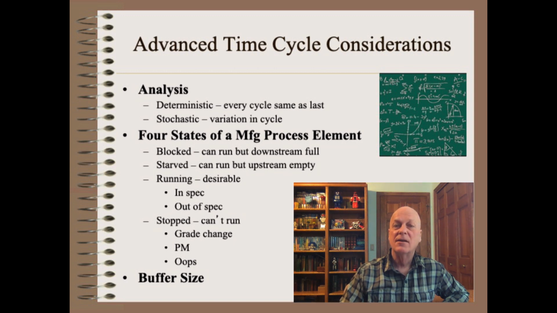Lastly, we will consider the buffer size upstream of a ReWinder. In some plants, there is no buffer. The ReWinder must run roll for roll, everything produced by manufacturing. Obviously, the slightest trouble on the ReWinder may slow or shut manufacturing. This reminds me of just-in-time or lean manufacturing, which can be instead just a little bit late manufacturing in some plants.